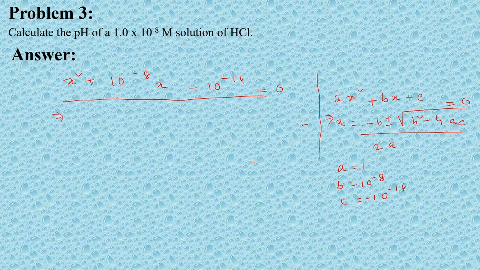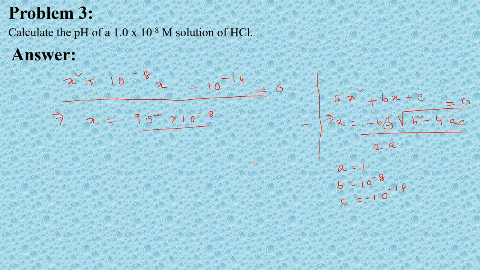By using these values, we get x is equal to 9.5 into 10 to the power minus 8. We get two values of x, so we neglect the negative value.